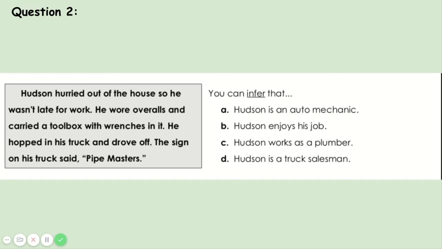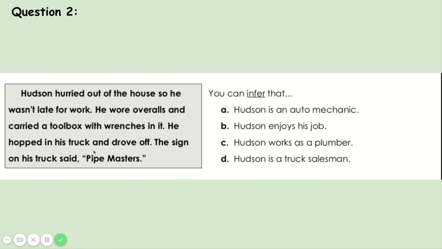Now you can bring your graphic organizers in front of you, and we are going to read this passage together. Hudson hurried out of the house so he wasn't late for work. He wore overalls and carried a toolbox with wrenches in it.